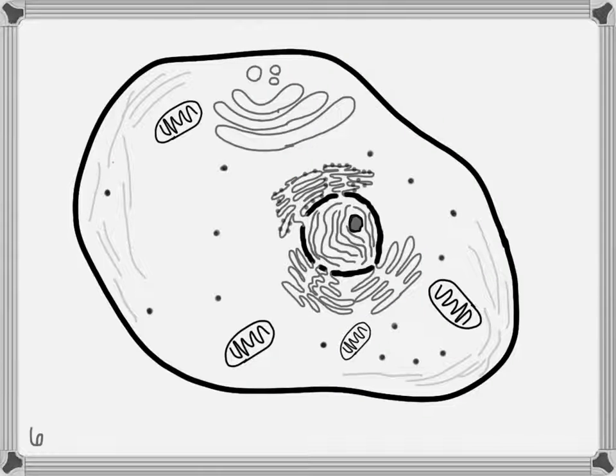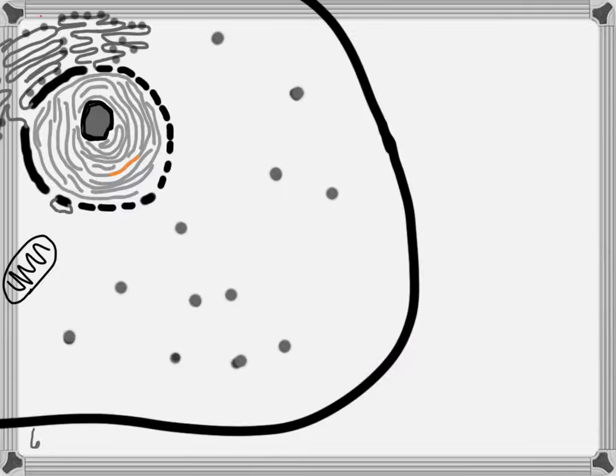Now, proteins, as you remember, are built at the ribosomes, and all organisms have ribosomes in their cells. But in eukaryotes, the DNA, that's the instructions for making the proteins, is kept in the nucleus of the cell. DNA is a really long molecule, and there's a lot of DNA in there, and only parts of it need to be read at any one time.